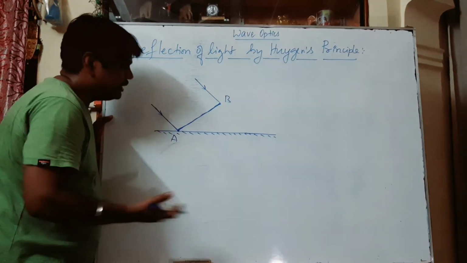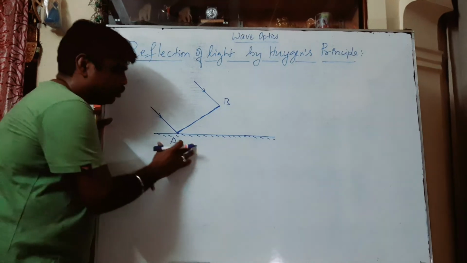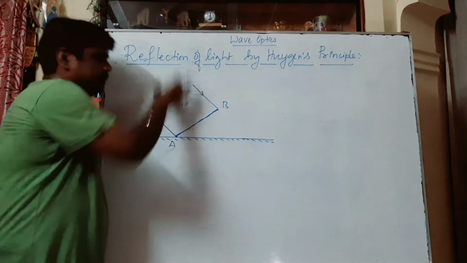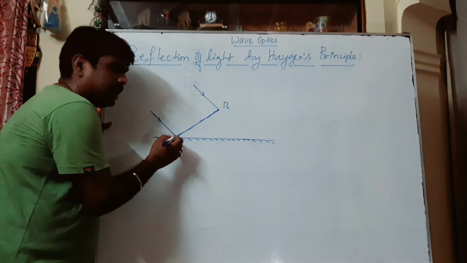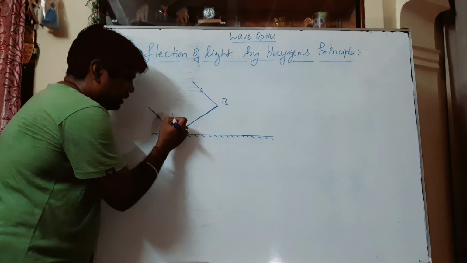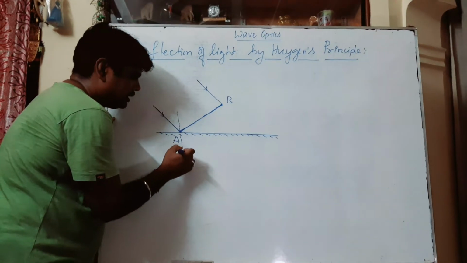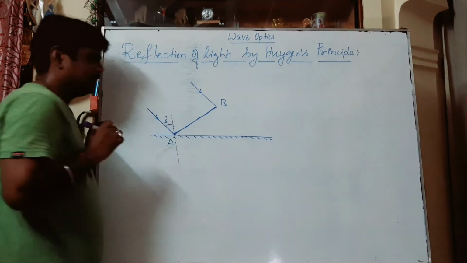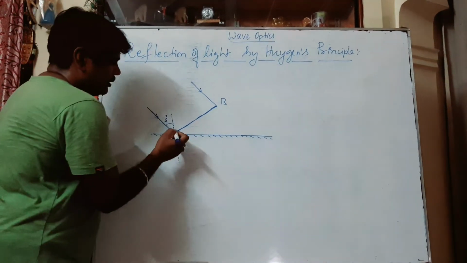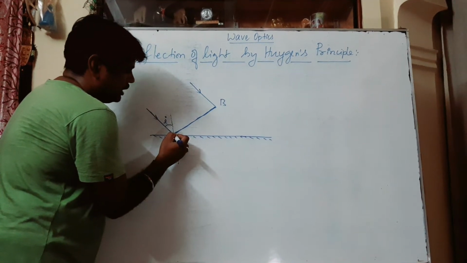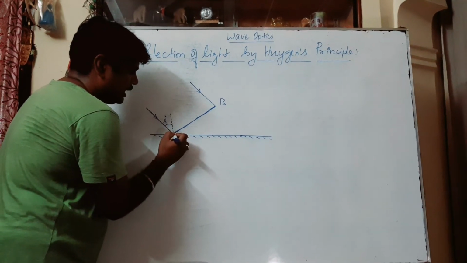Now where can the secondary wavelets travel? They won't go into the other medium because this is an opaque body. They will reflect back in the same medium as secondary wavelets. To draw the secondary wavelets, first of all I want to consider the angle of incidence. This is the angle of incidence I. It should satisfy that the angle of incidence is equal to the angle of reflection.